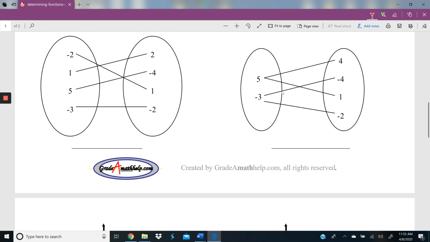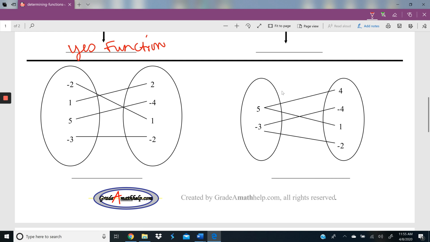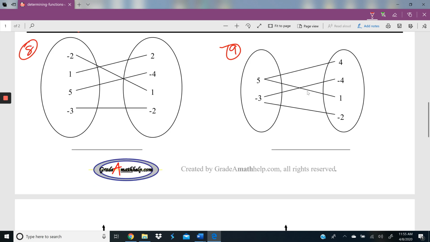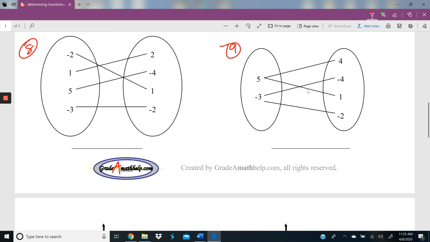Now look at problem 8 and 9. These are called mappings. On the mappings, I made you all draw a table. You had to draw a table and you had to write the numbers down. For example, let's look at problem 9.